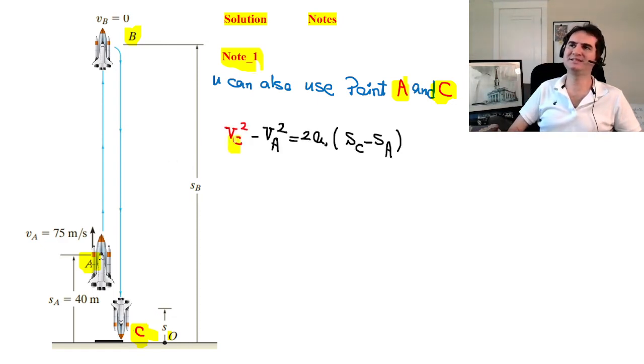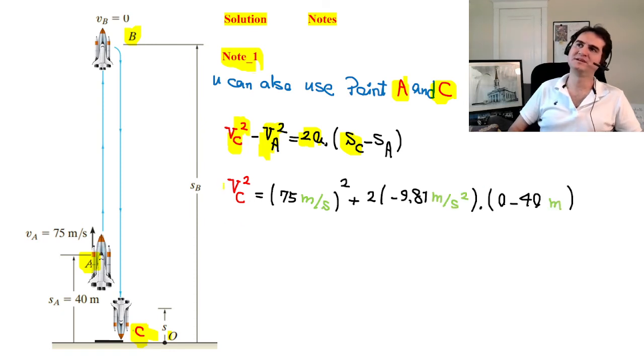It says v_C squared minus v_A squared is equal to 2 times acceleration times the displacement at C minus the displacement at A. It gives v_C squared equal to v_A squared, which is 75 meters per second squared, plus 2 times acceleration times 0 minus 40.